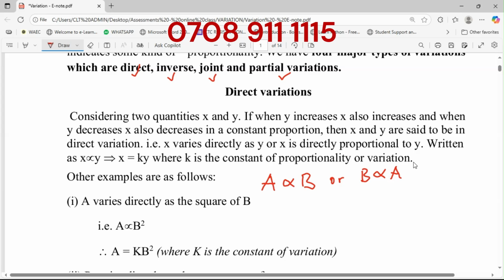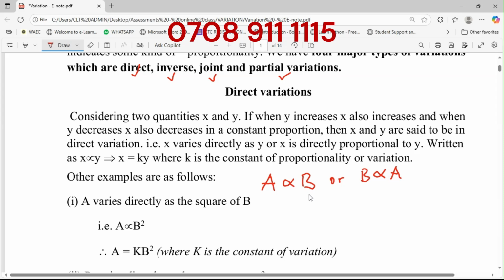What this means is whenever there is an increase in A, there will also be a corresponding increase in B. This increase can be, for example, that if A increases by 2 steps, B may increase by 3 steps or by 1 step, but there must be a corresponding increase. The magnitude of the increase in B will be determined by what is called the constant of proportionality, as we are going to look at very soon.